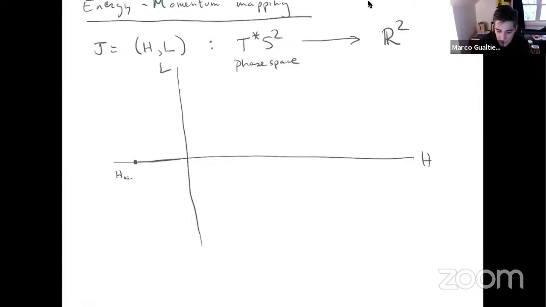And it can be anything above that, right? I can keep putting energy into that thing by hitting it harder and harder. There's no upper bound on how much energy the spherical pendulum can have. But it cannot have anything to the left of that. And then what about the angular momentum? Well, I can put angular momentum positive, or I can put angular momentum negative.